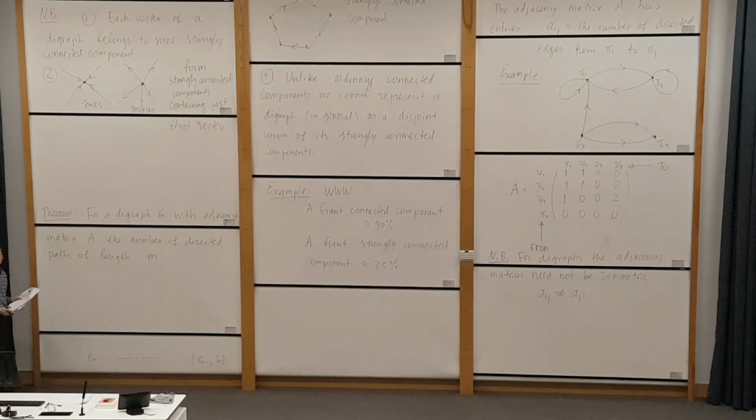M is some integer. I want to keep it different from n because n I use for the number of vertices.